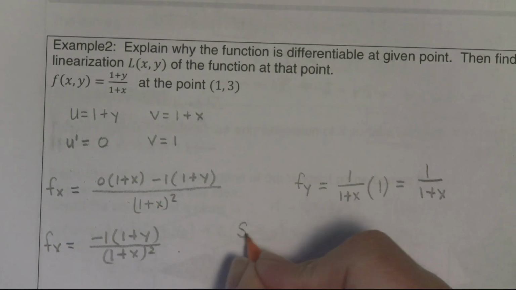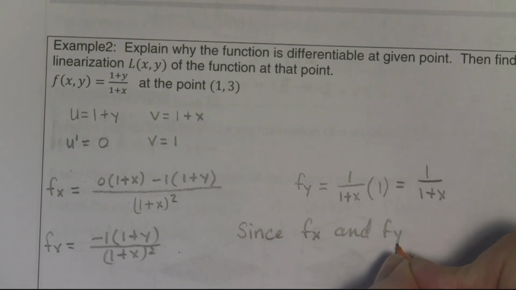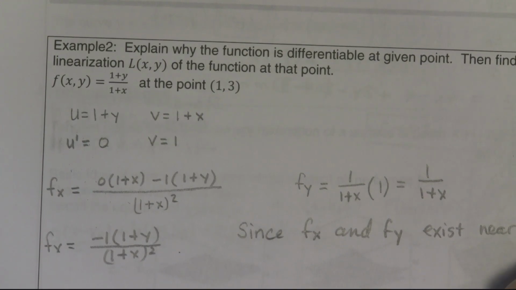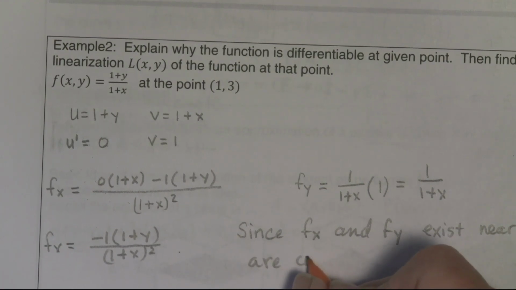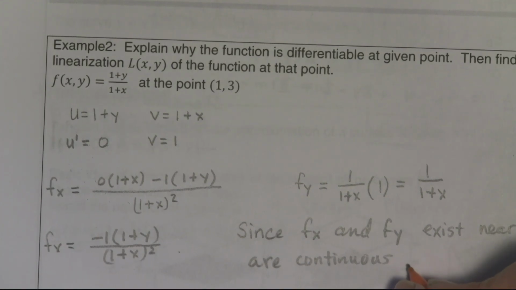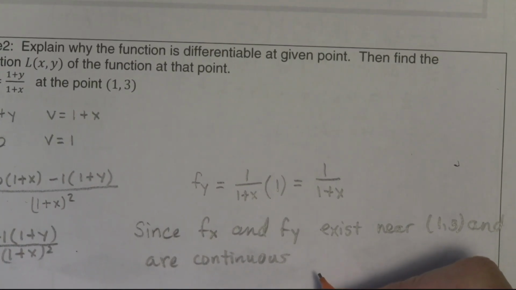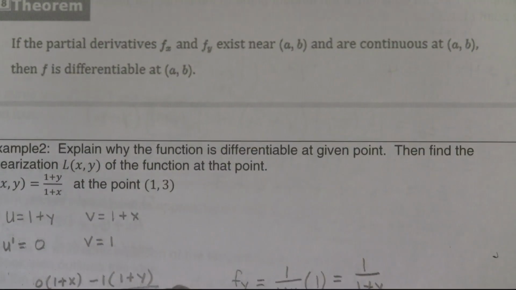So I can say, since fx and fy, the partial with respect to x and the partial with respect to y, exist near (1, 3) and are continuous in a little neighborhood around (1, 3), then what that leads us to say is that f is differentiable.